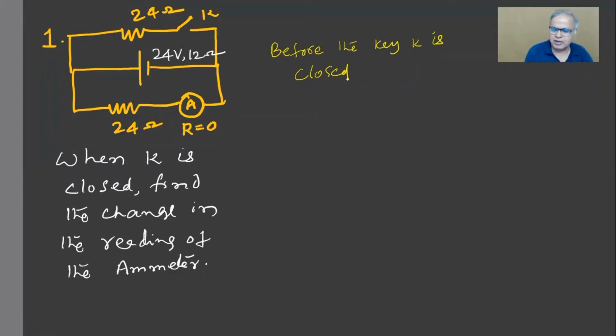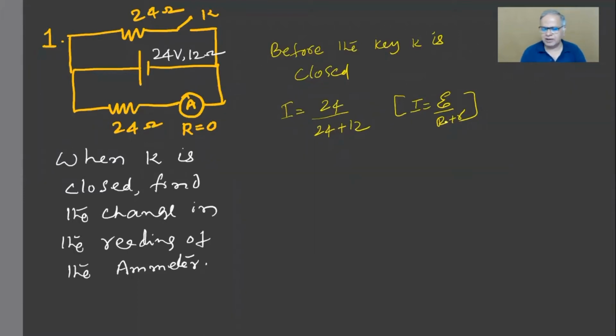I told you already, all the time it will be like that. The current now will be I equals 24 divided by 24 plus 12. Where does it come from? I equals EMF by R plus r. A single circuit, and one resistance is there. So how much is this?